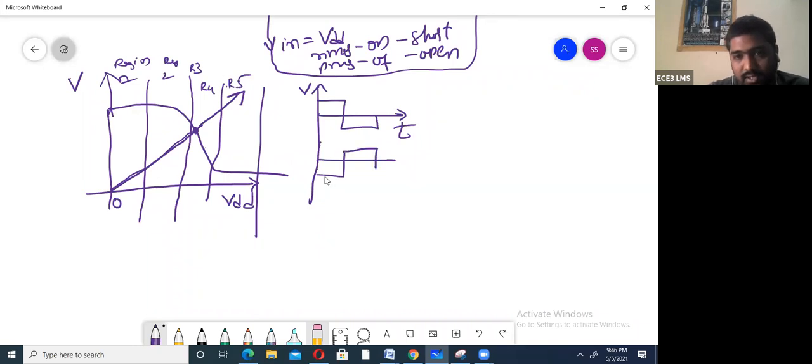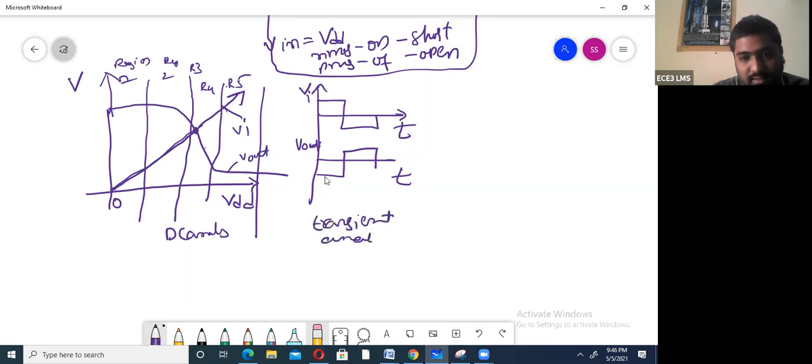If they ask for the operation in the exam, this is Vi, this is Vout. So this is DC analysis, and this is transient analysis, because the x-axis is time. Suppose AC analysis for the CMOS inverter means frequency.